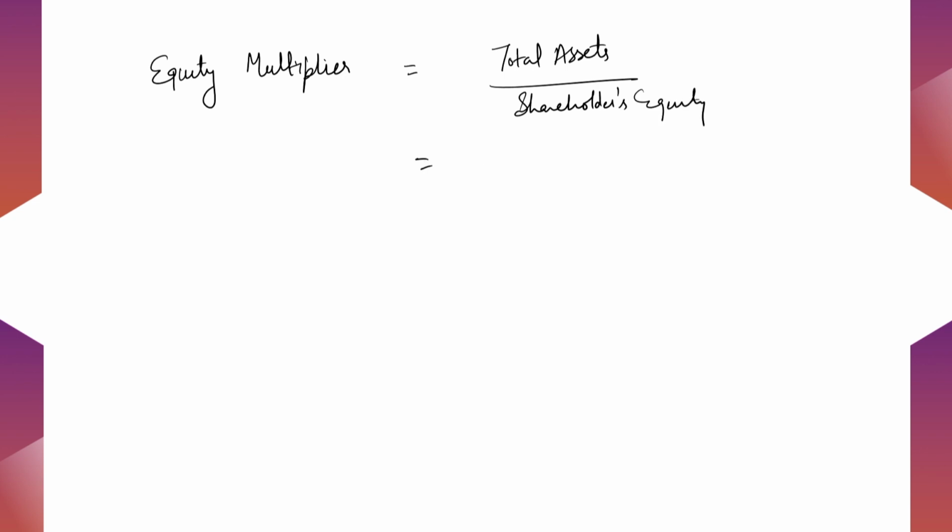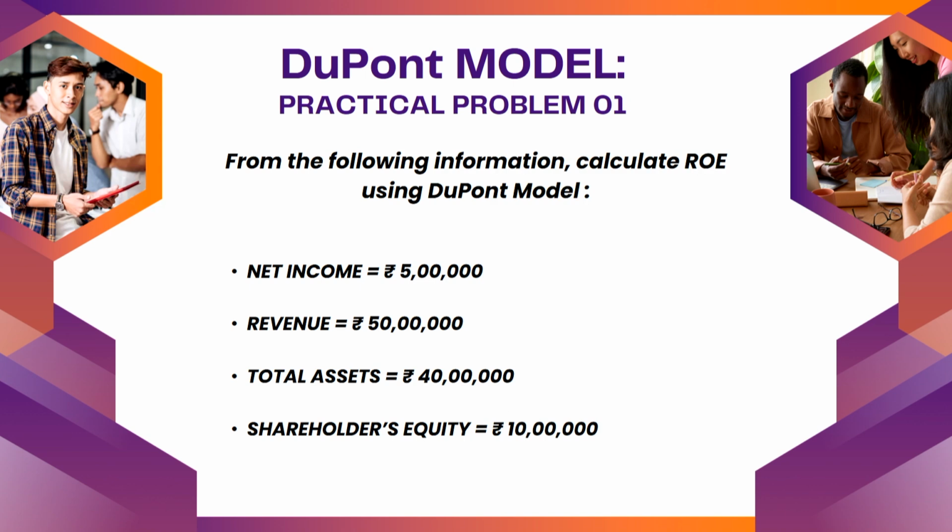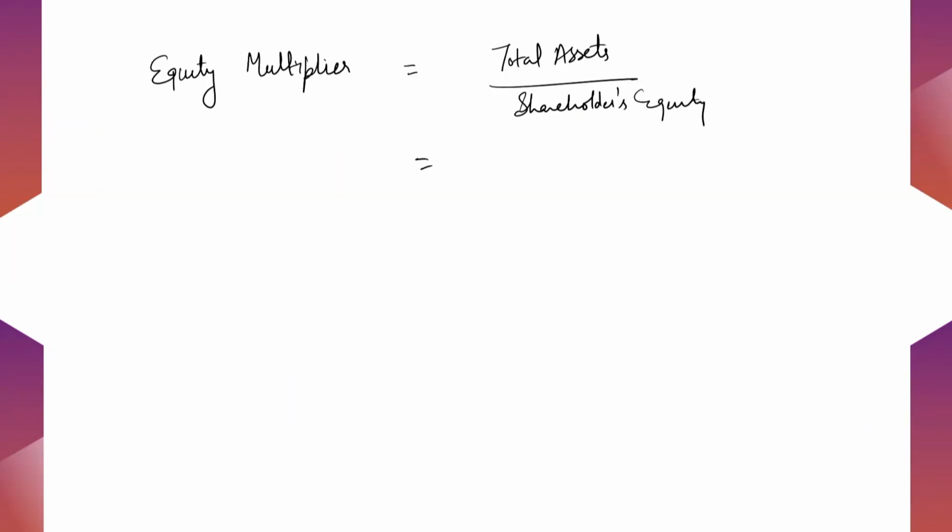The total assets amount to rupees 40 lakhs and shareholders equity is 10 lakhs. So we put the figures, 40 lakhs divided by 10 lakhs, and it comes to 4.